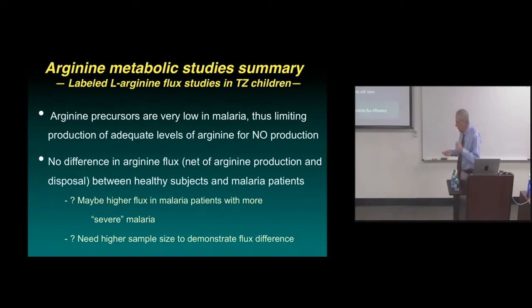And I won't show you all the pure data on that either. I'll just summarize it by saying, as I've already shown you, the arginine precursors, amino acids that are used to build arginine, are extremely low in patients with malaria. And overall, there was no difference in arginine flux, that is the net of arginine production and disposal, when we compared healthy children and children with malaria.